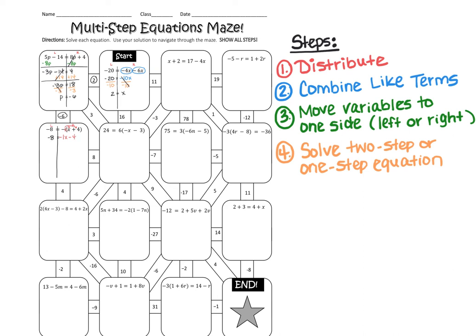Okay, so we've distributed. We don't have any like terms on either the left or the right side. We don't have variables on both sides. So we don't have variables on the left side, on the right side, sorry. So that's okay. So now we're down to the fourth step, which is to solve this two-step equation. And you solve it first by adding 4.